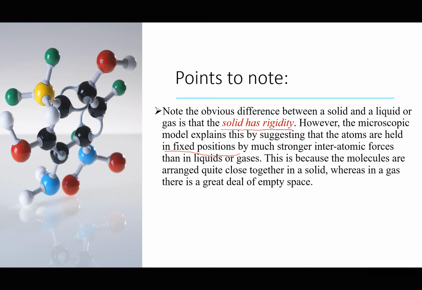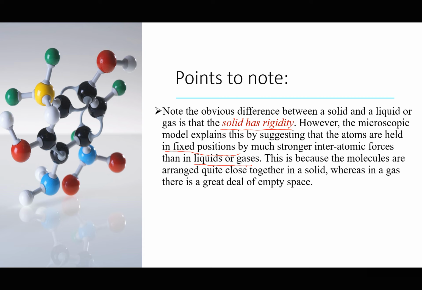Does it mean that Brownian motion cannot be extended to solids? Perhaps yes, because in solids, the atoms are held together by very strong interatomic forces. Unlike liquids and gases where molecules or atoms are free to move, those in solids are not actually free to move.